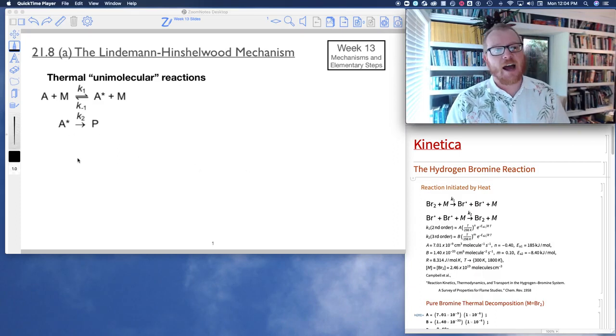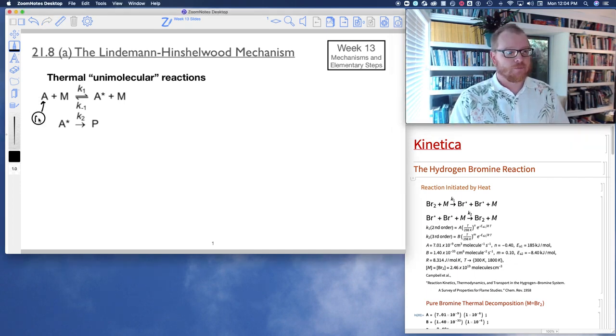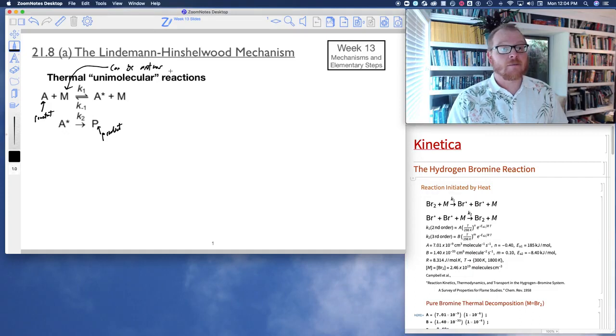Here you can see I've got it written out in general terms, where A is our reactant, P is our stable product, and M can be another A, identical to whatever that A is, or what I'll call an unreactive partner.